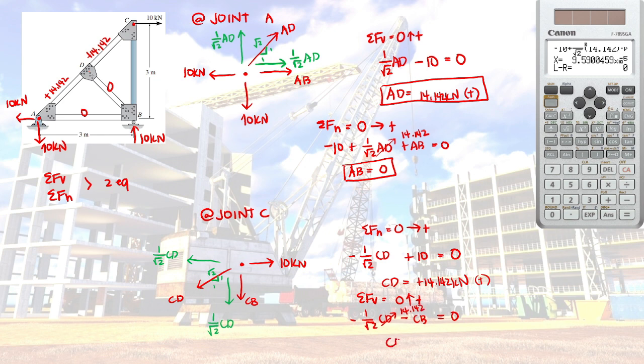So our CB would become negative 9.999, or we can say negative 10 kilonewton. It is negative, therefore it is in compression. So this is negative 10, compression. Okay? So that is your method of joints.